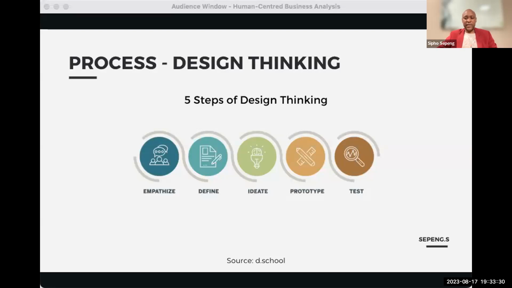It starts first with the customer. And as you will see in this process, in the empathize phase, that's where we conduct the research and understand the user's needs. We understand the customer's story.